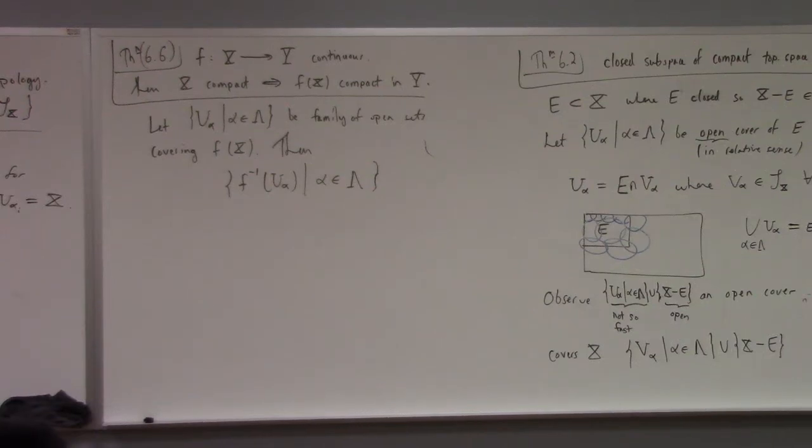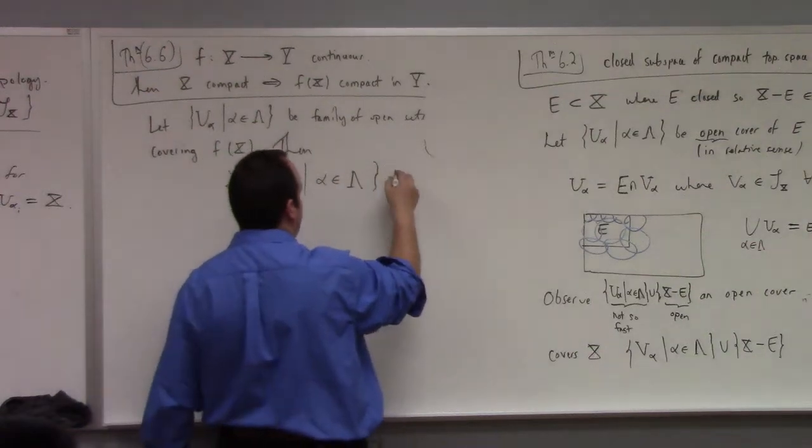I mean, the way the function's defined. Oh, yes, those are exactly. For one thing, those are also open. But also, this has to hit all. I mean, if that covers the range, that has to also cover X. Like this is an open cover.